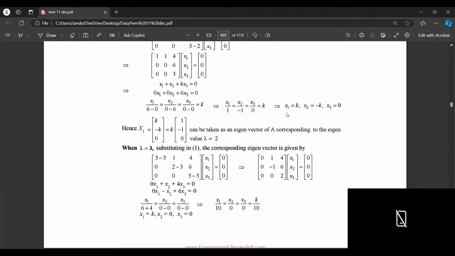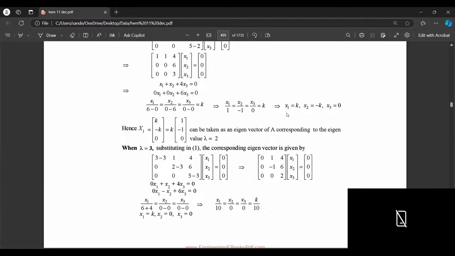The first two equations you can take, or maybe the last two equations. So the first two equations: 0x1 plus x2 plus 4x3 equal to 0, and 0x1 minus x2 plus 6x3 equal to 0.